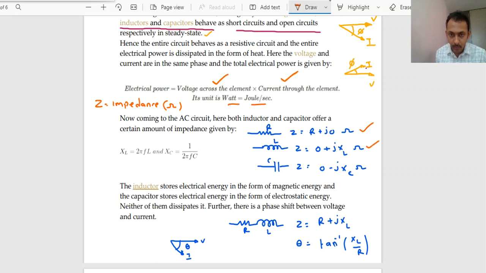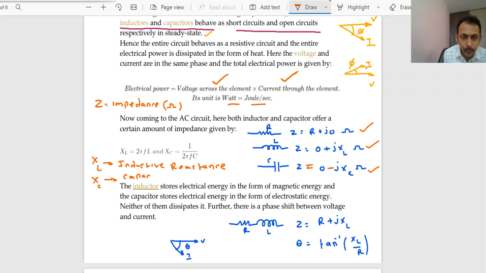Pure capacitor, Z equals 0 minus J XC ohms, where XL is called the inductive reactance, and XC, X subscript C, is called the capacitive reactance.